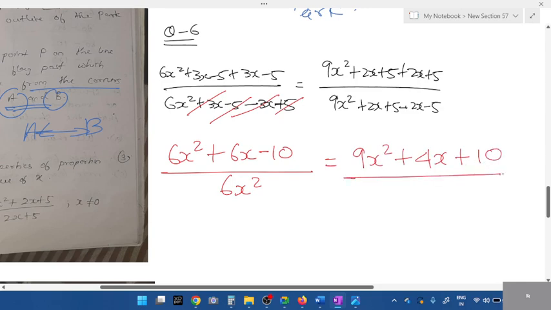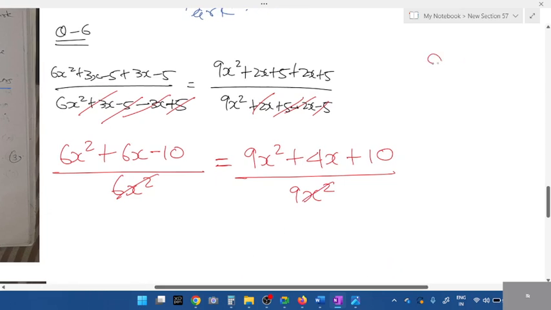Again here everything gets cancelled. 9x square. Before cross multiplying, remember I told you all, if you cross multiply, you'll get to the power of 4. Reduce this. This x square and this x square get cancelled. See, I'll repeat again. It is like this, students.